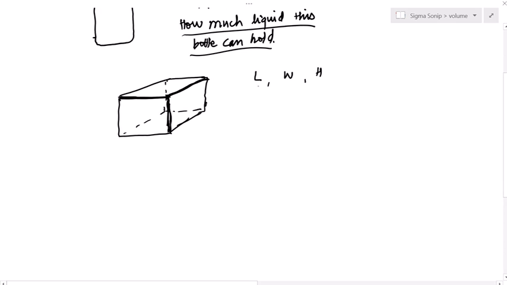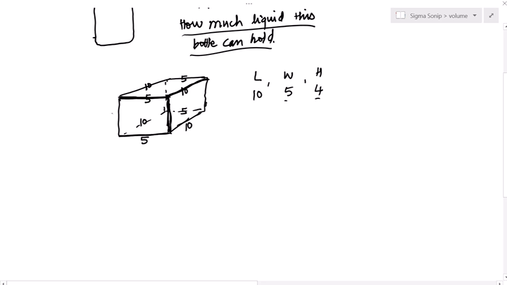So for example, I have a prism whose length is 10, width is 5, and height is 4. Say this is my 10, then that will also be 10, that will also be 10, and that will also be 10. Width is 5, so this is 5, this is 5, that is 5, and that is 5.